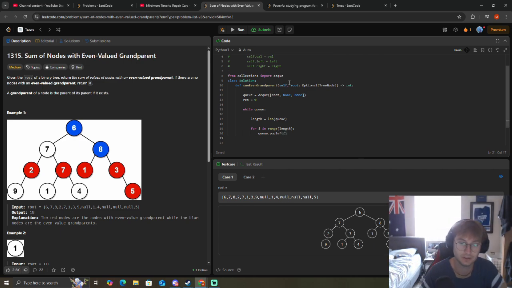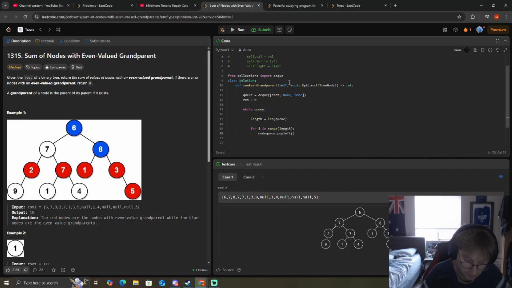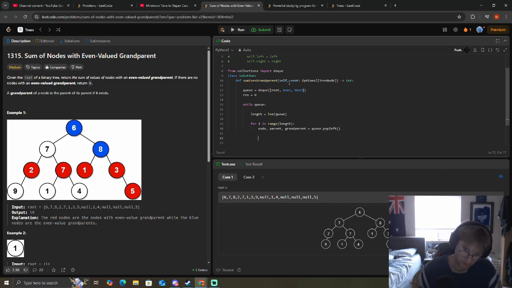Okay, so I guess node, parent, grandparent is equal to q dot pop left. Okay, so we do that.